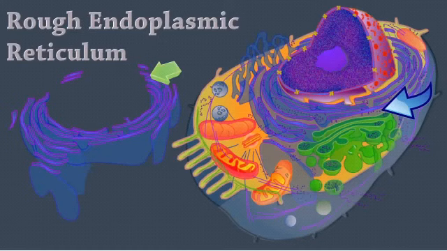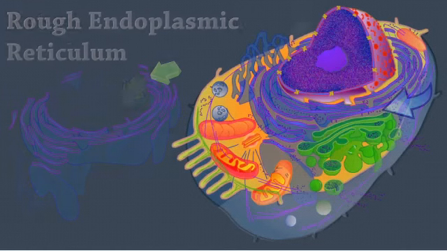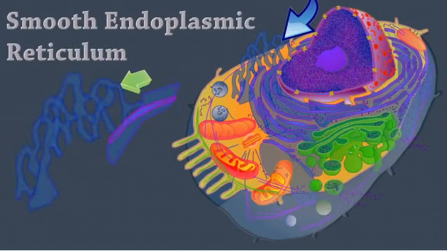The external face synthesizes phospholipids and cholesterol. The smooth endoplasmic reticulum is a membranous system of sacs and tubules that plays a part in several metabolic processes. It's free of ribosomes and synthesizes steroids, metabolizes lipids, and detoxifies drugs.